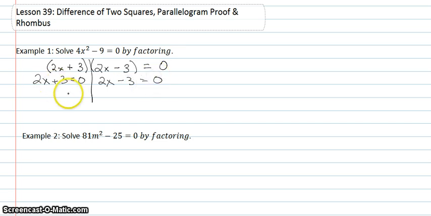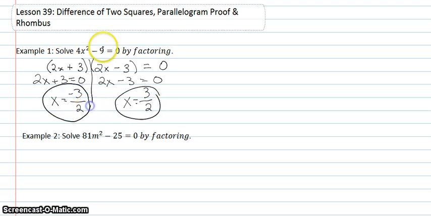So in this case, we'd subtract the 3 and then divide by 2, so x would equal negative 3 over 2. And then in the next one, we would add the 3 and then divide by 2, so this time it's a positive 3 over 2. And those are our two answers for this equation.